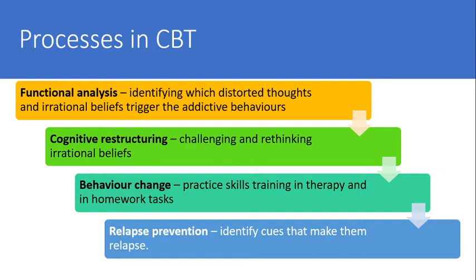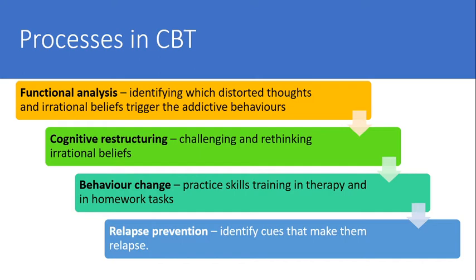The fourth process in CBT is where we're looking at relapse prevention. This is the bit that's probably a bit different from what you were expecting from when we looked at it in depression. Relapse prevention is all about identifying anything that's likely to make them relapse, and basically dealing with those triggers.